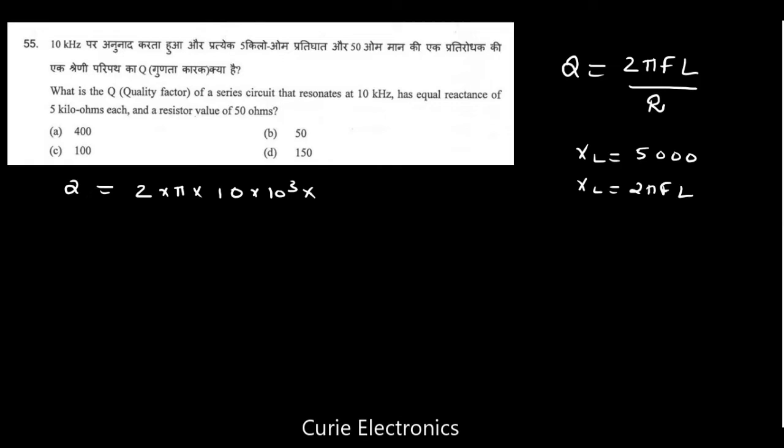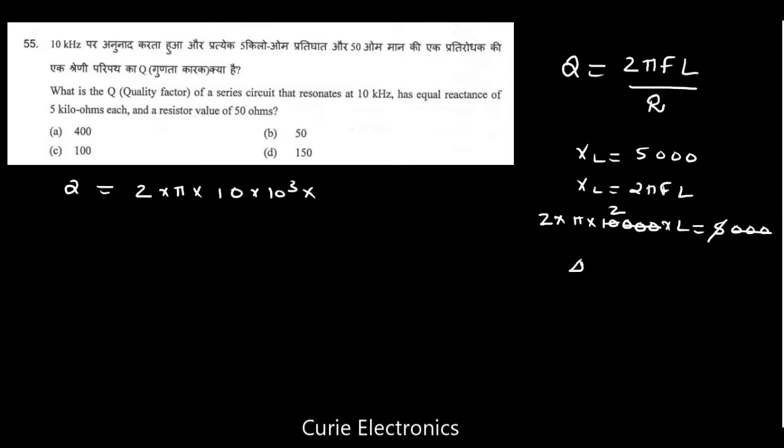Now I'll put the values in the equation for XL. That is 2 multiplied by pi multiplied by the frequency, 10,000 hertz, multiplied by L equal to the given reactance, 5000. These three zeros I can cancel out. Now 5, I can divide both sides, so I'll get 2.